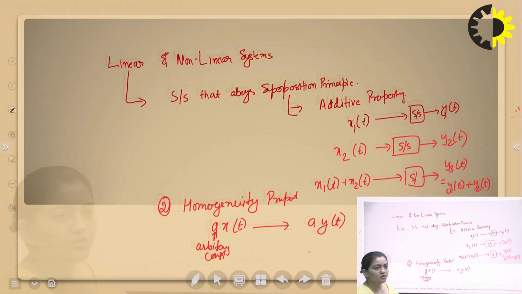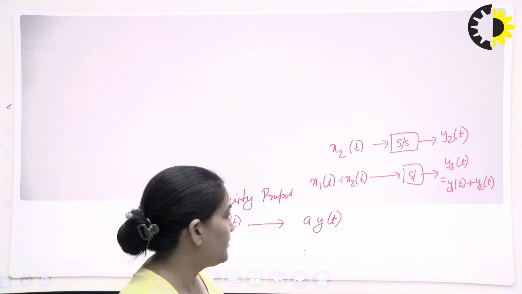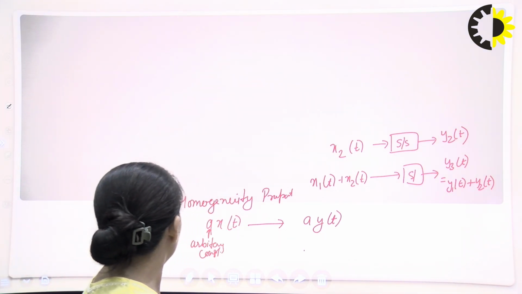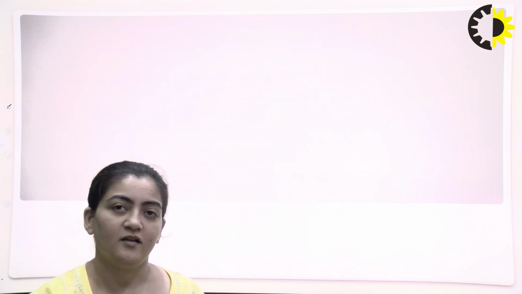So this is the homogeneity property, and that is the additive property. Moving to the next part. Thank you for this time, and we will continue this in the next lecture of the series.